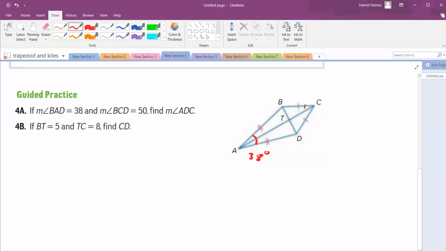This one equals 50. And he asks to find the measure of angle ADC. This angle. We want to find this angle. Any idea?